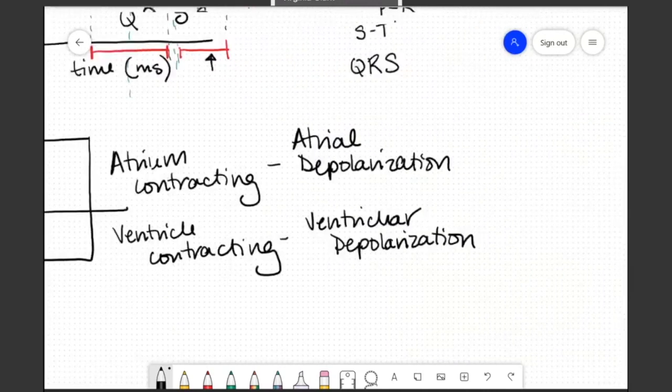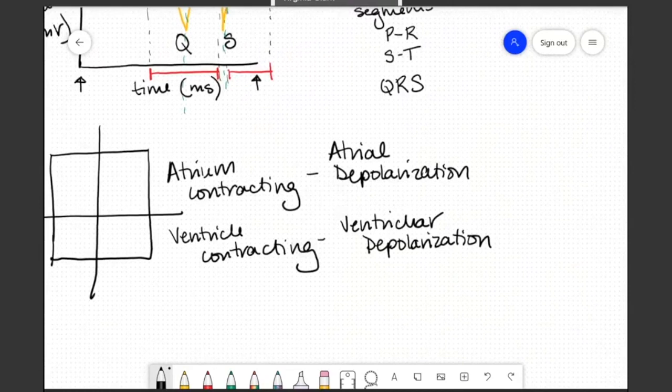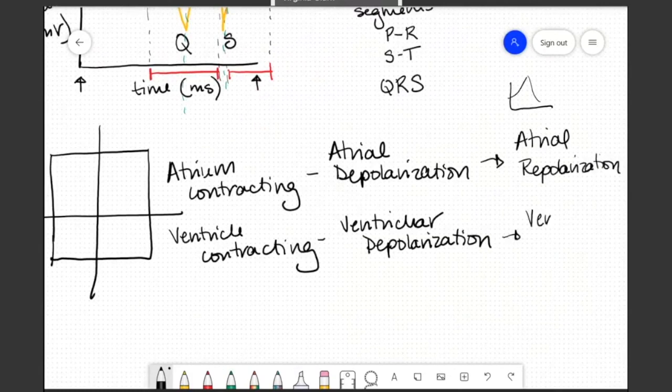Also remember, every time you depolarize, you have to repolarize. So we're going to go through a process of atrial repolarization at some point. And then we're going to go through the process of ventricular repolarization.